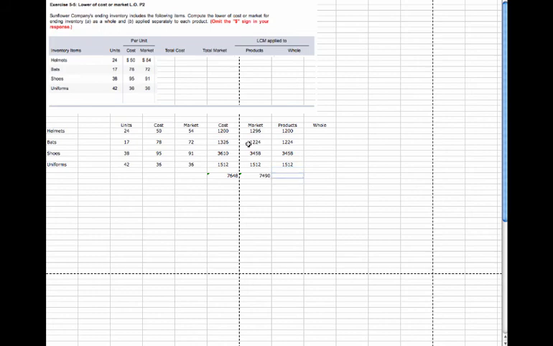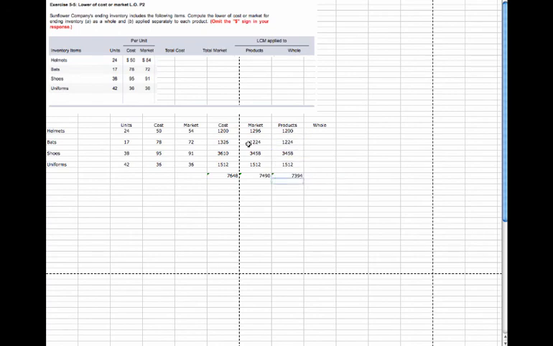So now that I've taken the lower of cost or market by product, I can add up the 1,200, the 1,224, the 3,458, and the 1,512 to get what my value should be.